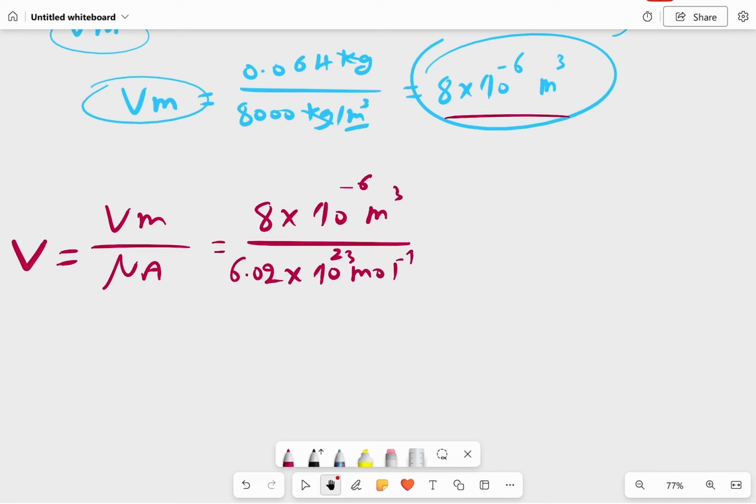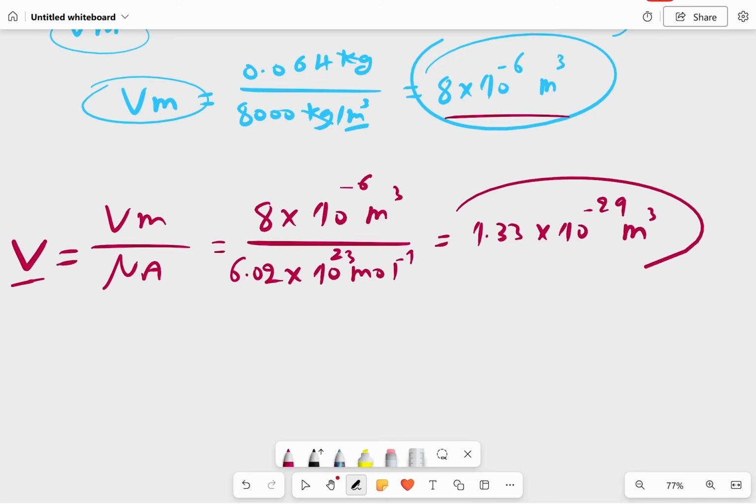Now this is the volume of a single atom. Careful, this is V alone. Divide this number and you'll get 1.33 times 10 to the power of minus 29 meter cubed. This is the volume of a single atom.